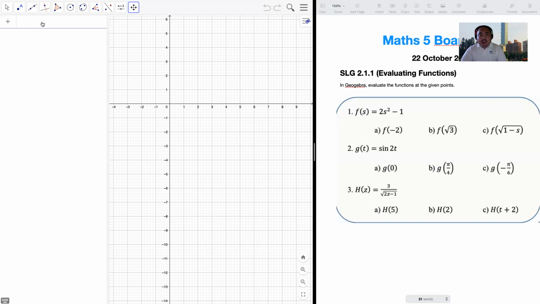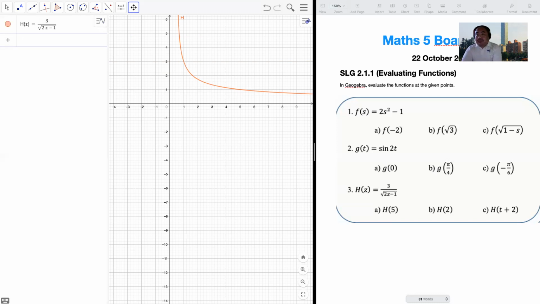Let's write h of z is 3 divided by the square root of 2z minus 1. Okay, there. So 3 over the square root of 2z minus 1.